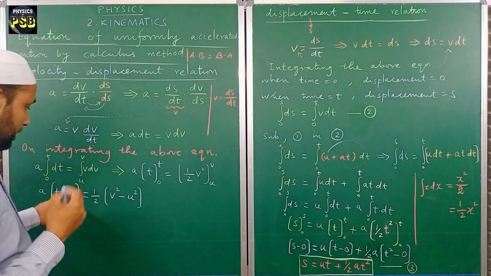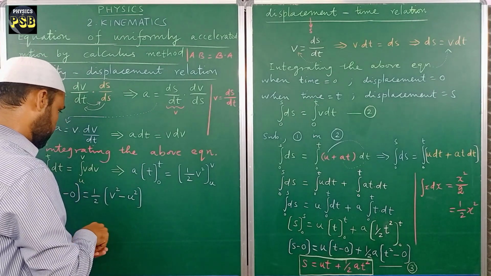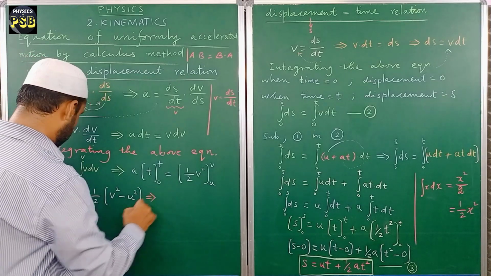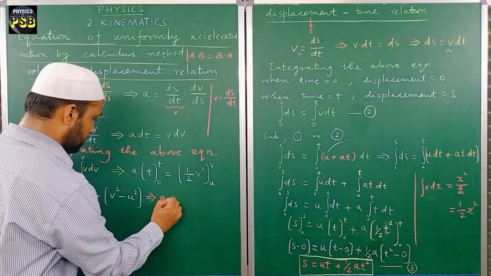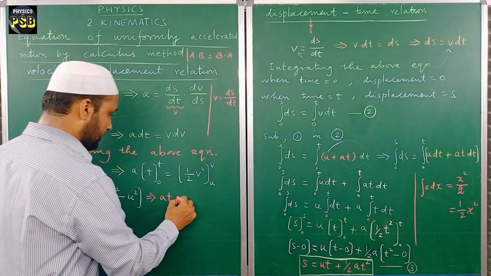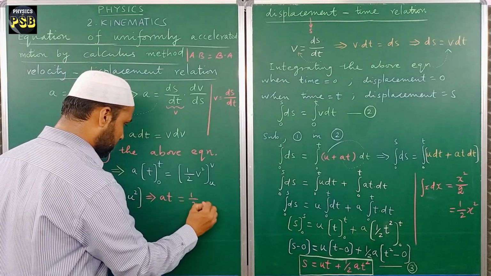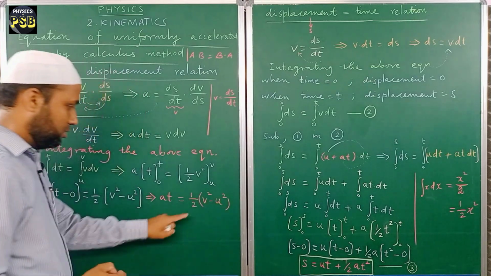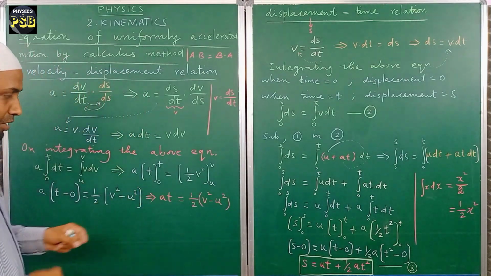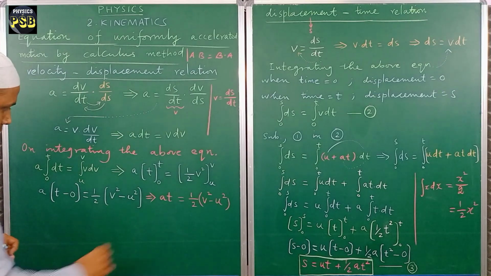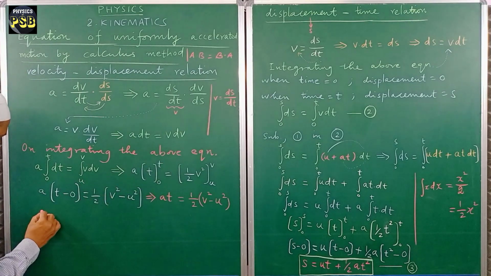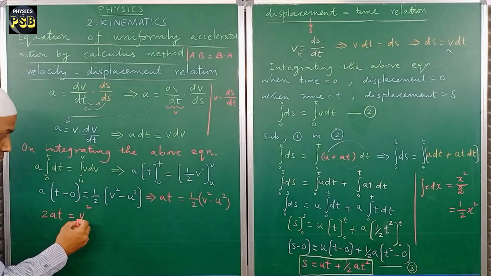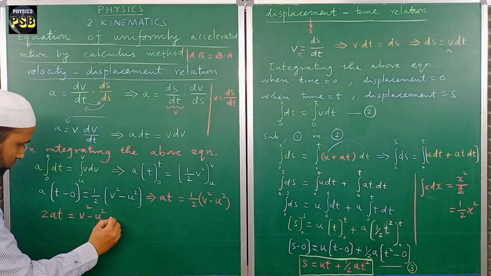But t minus 0 is t. So on multiplying these two I get at. This side I have half of v square minus u square. Now 2 is taken this side, it will multiply. What do I get? 2at equals v square minus u square.